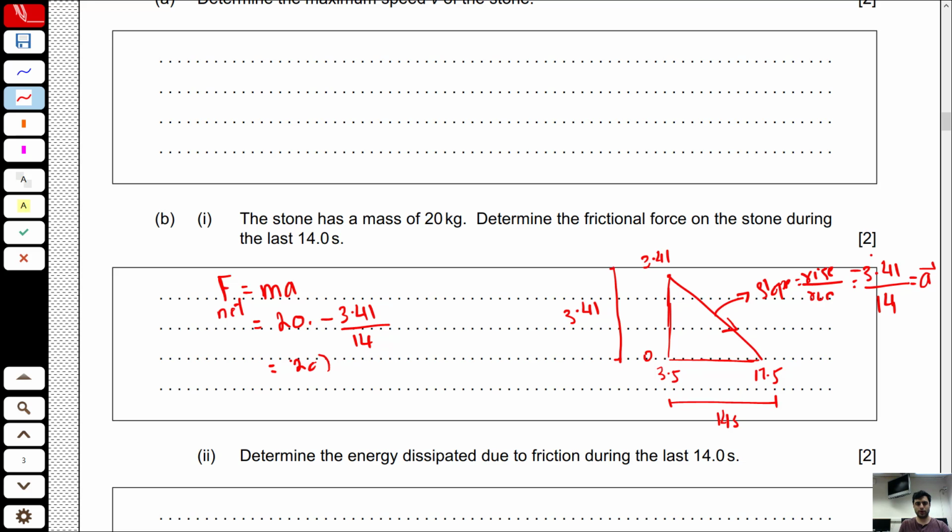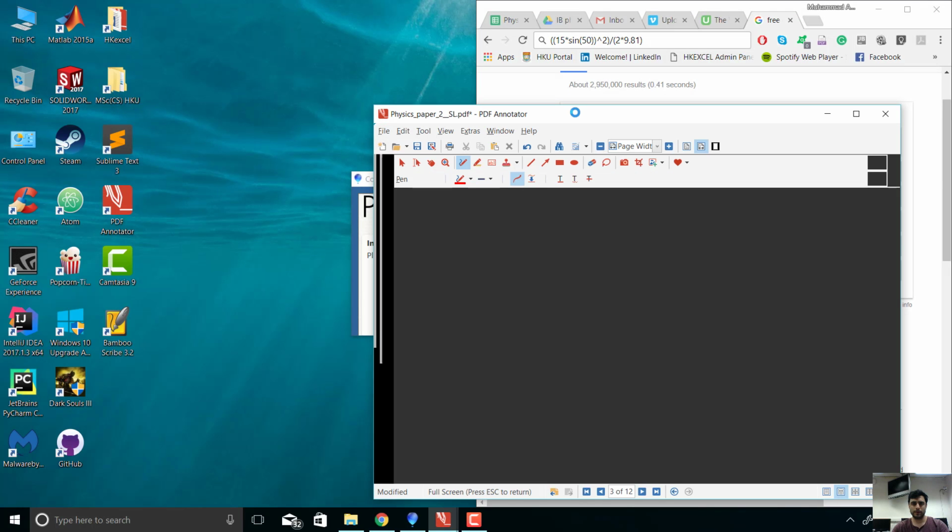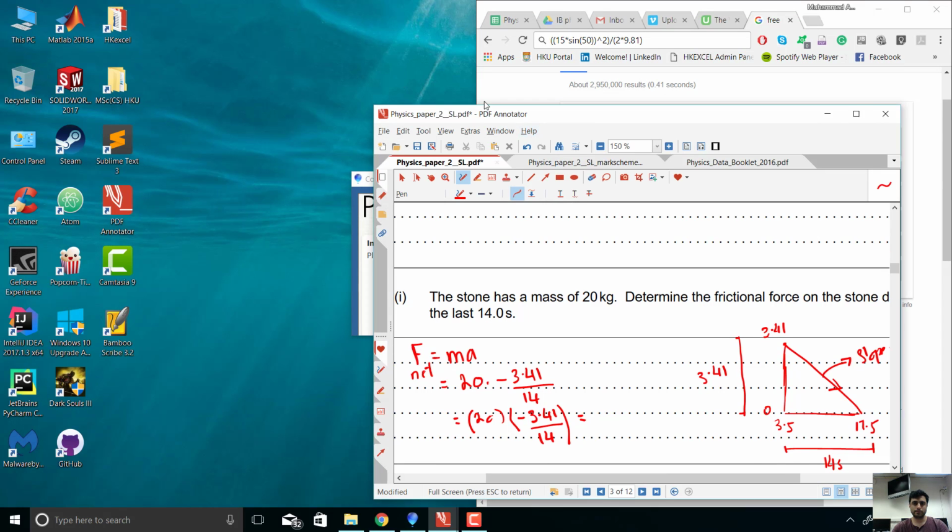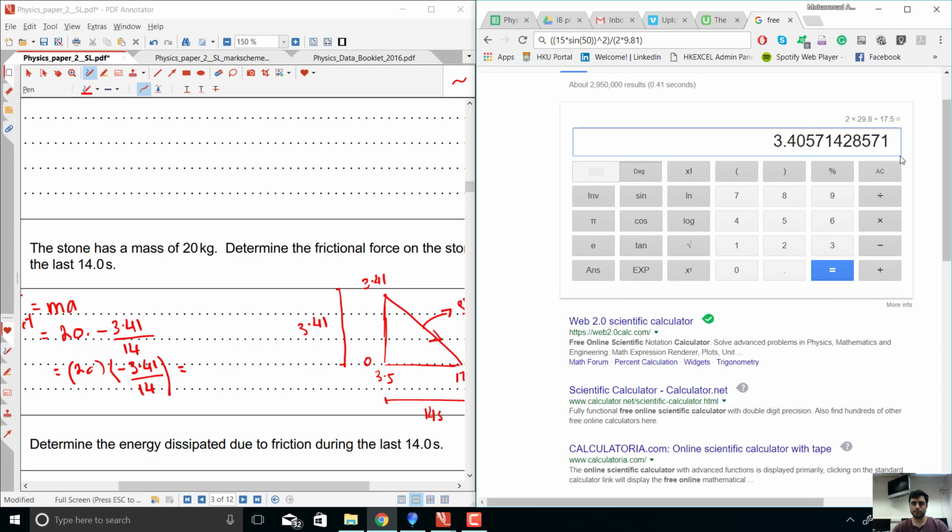So we have to do 20 times negative 3.41 divided by 14.